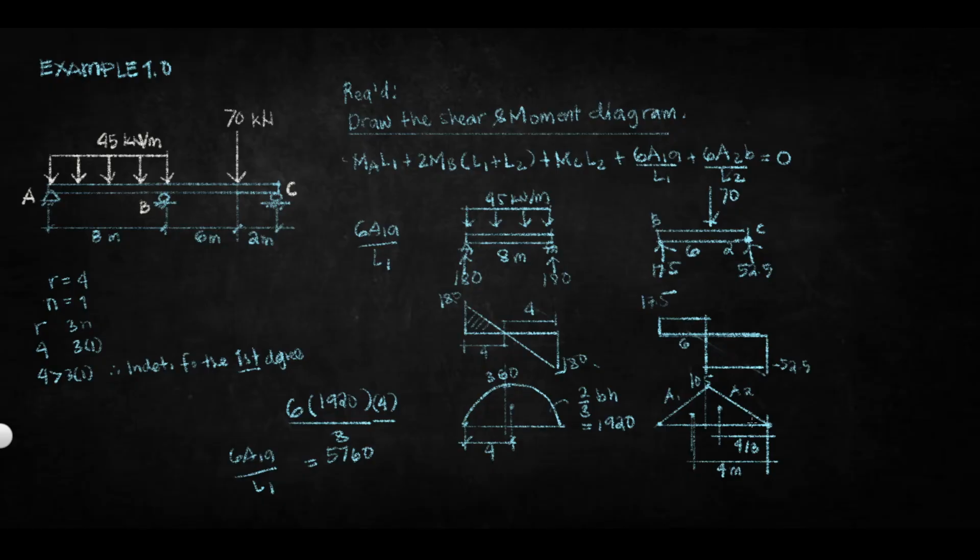Okay, so using this formula, itong second po dito for the term, 6A2B all over L. So, 6 ang area po natin for A2 here.